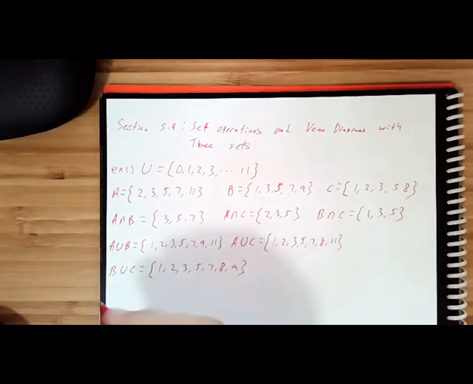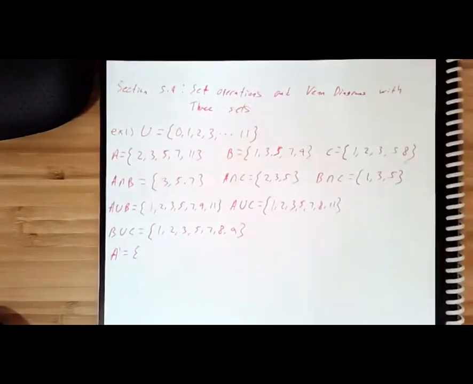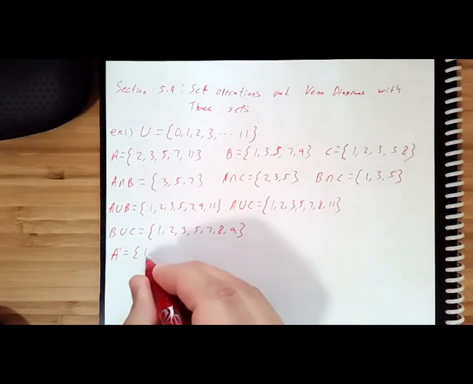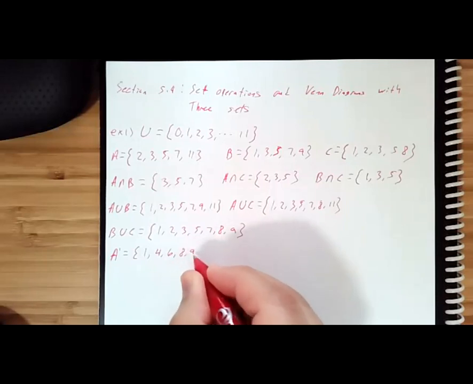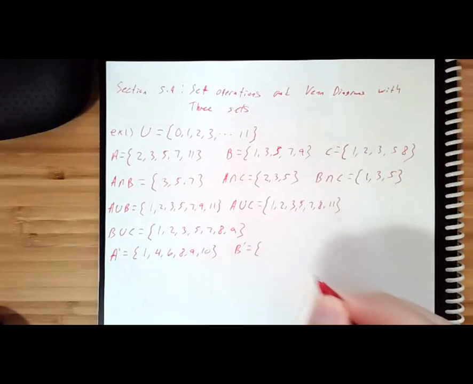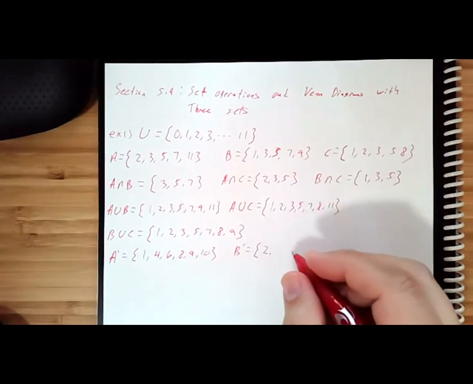Okay, let's do complements. What's not inside A? We're getting all the possibilities right now. Number 1, 4, 6, 8, 9, 10. B complement. 2, 4, 6, 8, 10, 11.